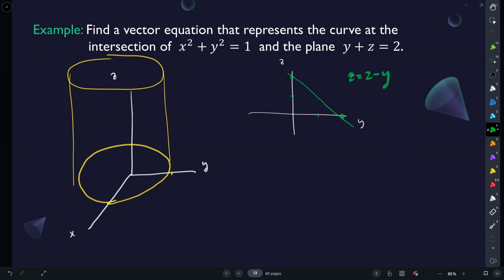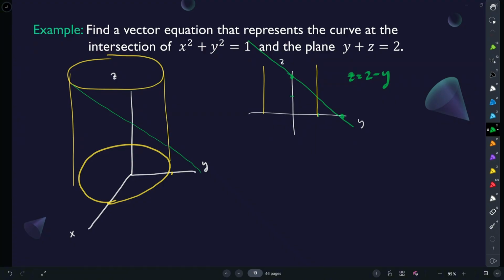Okay? So if you also draw the cross section of the cylinder, it looks like this. So if I continue the line like that, you can see that this plane is going to cut my cylinder like that.